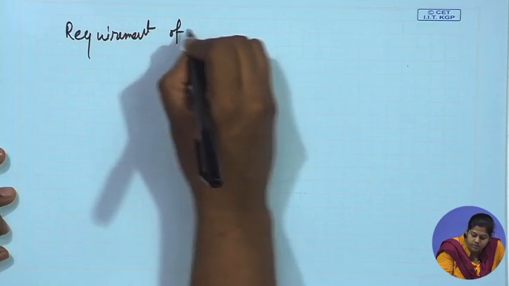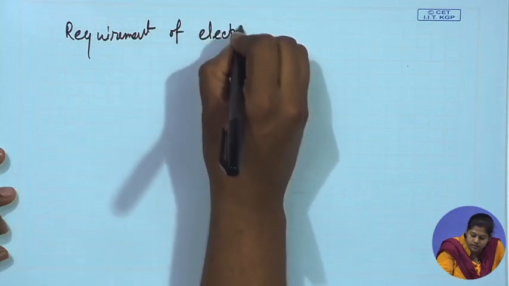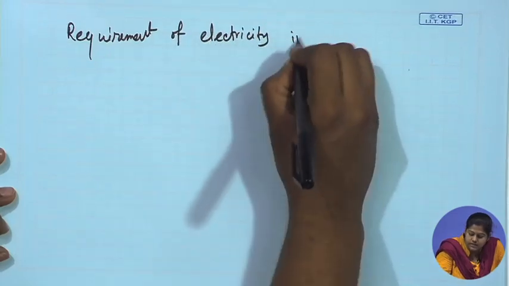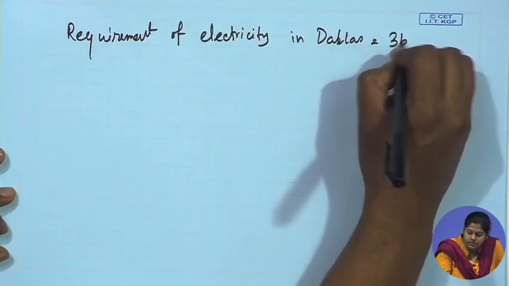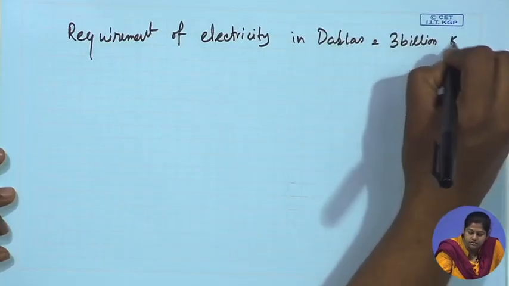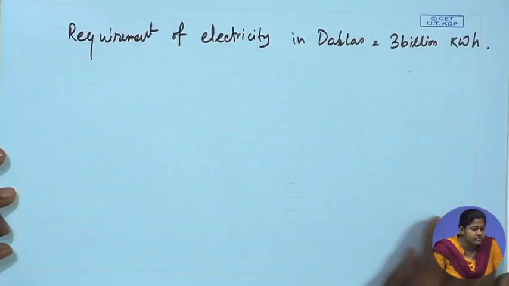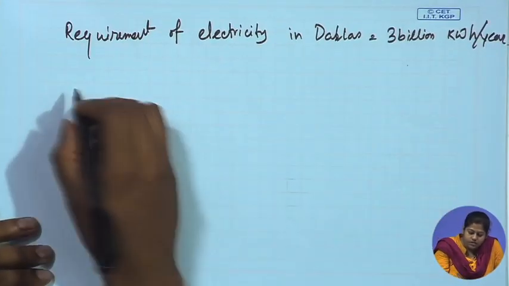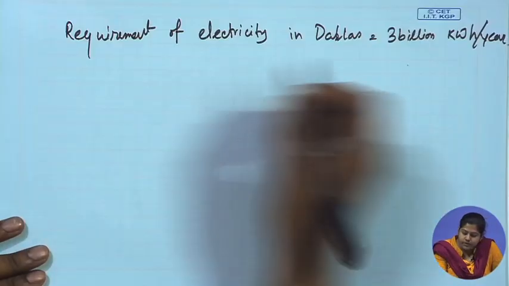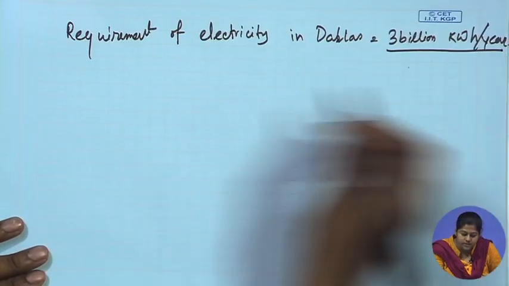The requirement of electricity in the Dallas area is 3 billion kilowatt hour per year. So we have to calculate the amount of coal required for generating this much electricity.